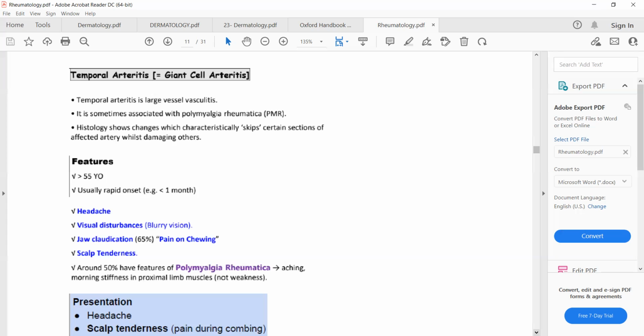Usually the onset is rapid because the temporal artery supplies the forehead, and it supplies branches to the ophthalmic artery and central retinal artery. So there will be eye signs as well.